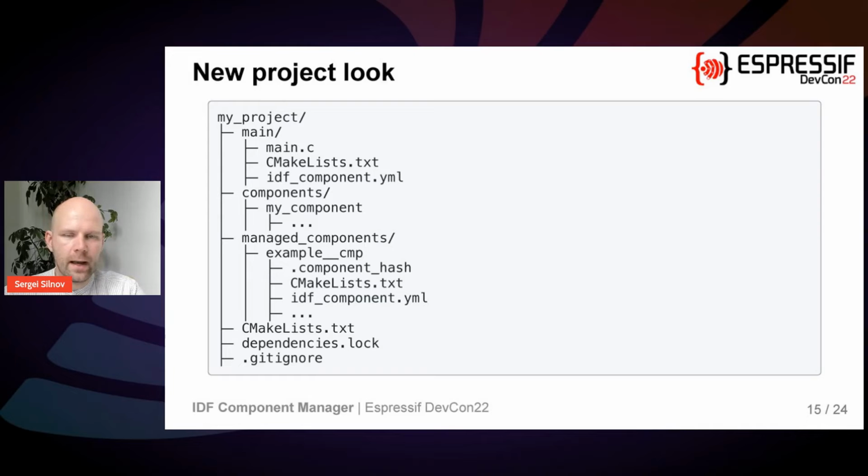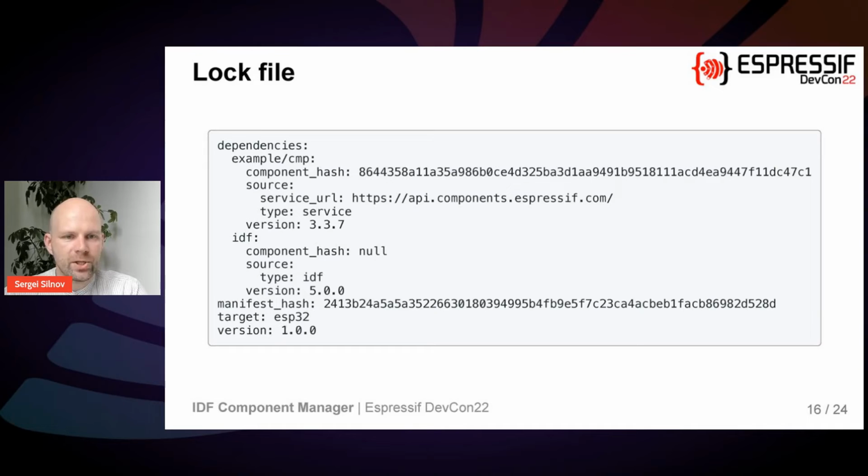Files in this directory are not meant to be editable by the user, and if you accidentally or intentionally modify some files, Component Manager will complain that files are not in the same state as they used to be, and will suggest you either overwrite your changes or move your component to the components directory of your project and continue modifications there.